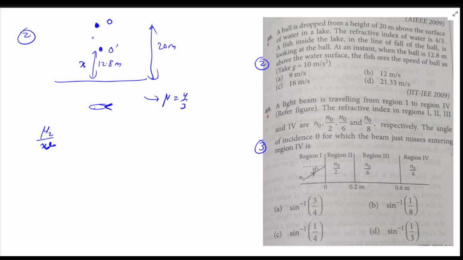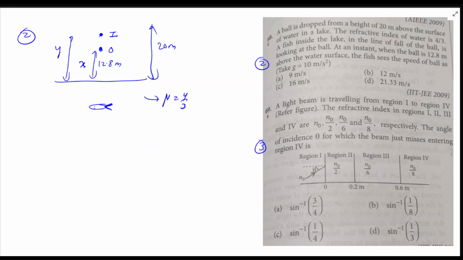This fish may see the object to be here, right? So this will be our image. We'll remove this. So this is our object right now in this situation, and the fish will see it here. Let's say this is y.